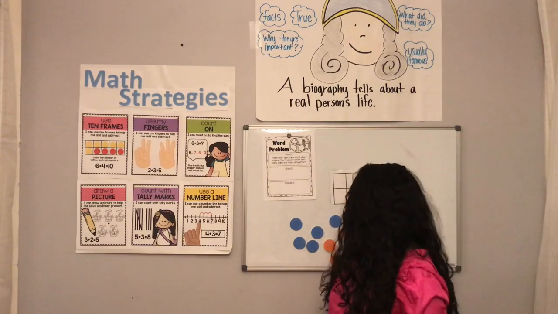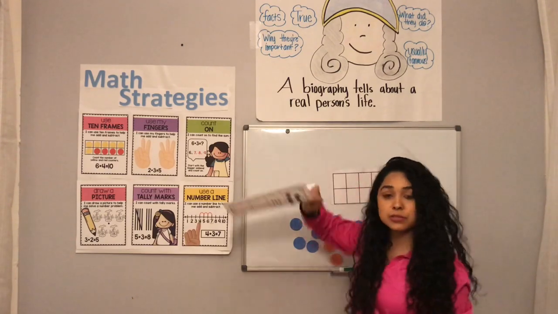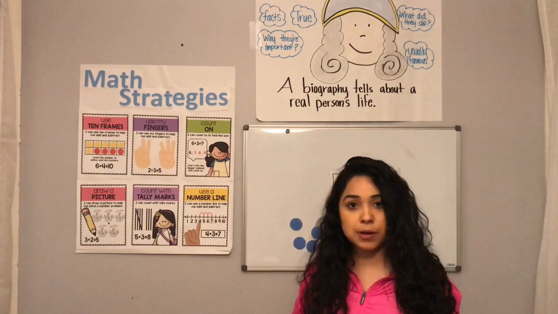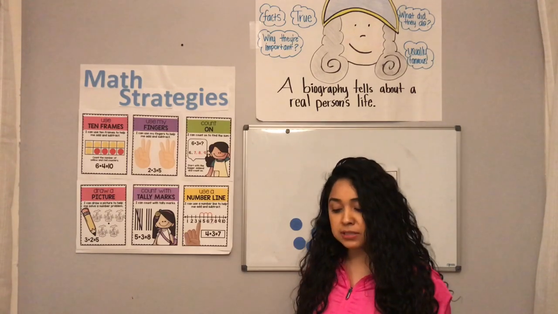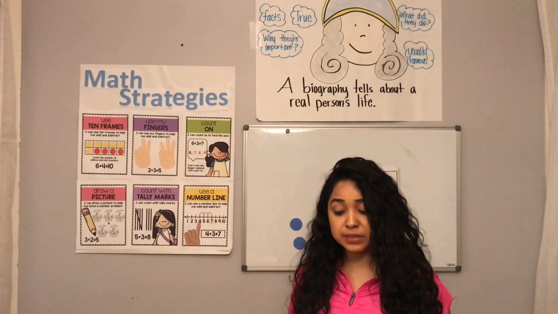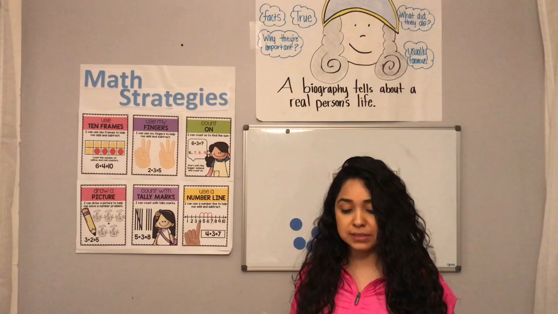In order to get started with a word problem, the first thing we need to do is read it. So I'm going to read you the word problem that we're going to solve today. The word problem reads, there are 7 gold coins and 3 silver coins in the treasure chest. How many coins are there all together?